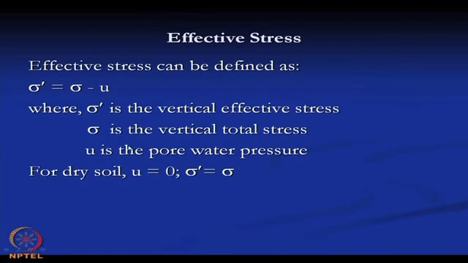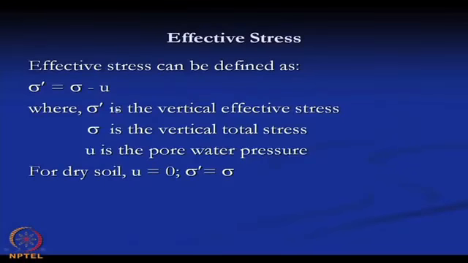So, when the soil is totally dry, that means there is no water. If we apply stress on a soil-water mixed system, the stress will be taken by the water, and pore water pressure will be developed.